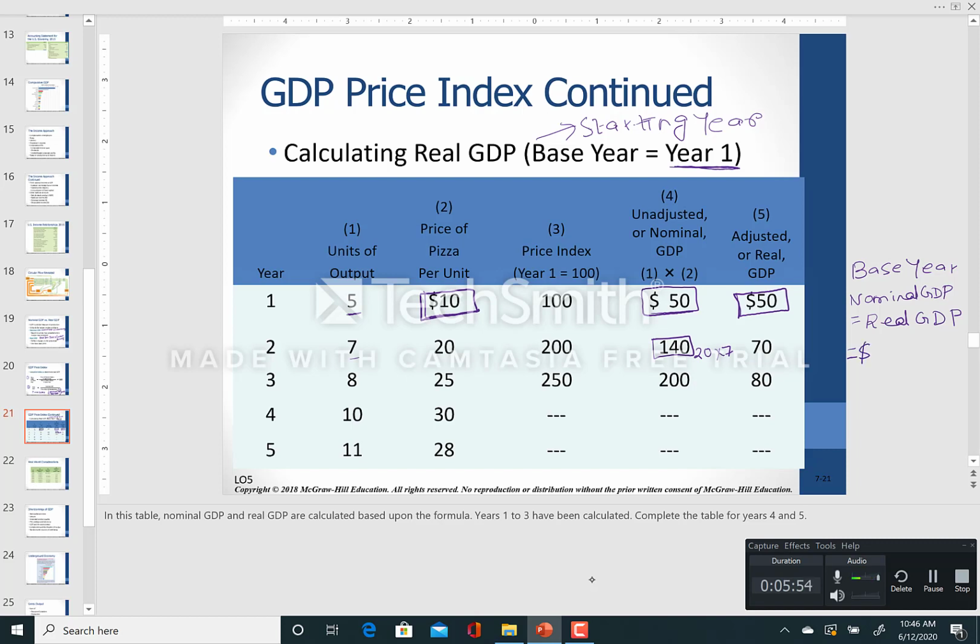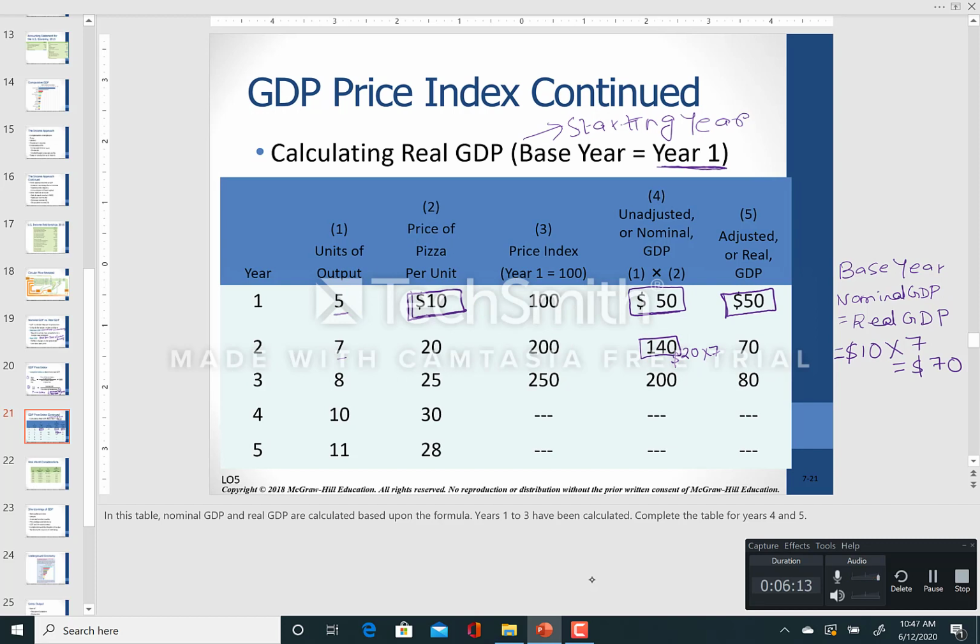So my base year price is $10 here, unlike the current price which I use for calculating nominal gross domestic product. Multiplying this times 7, what I get here is equal to 70. Does this make sense? And this 200 I get by 140 over 70, the whole thing times 100.